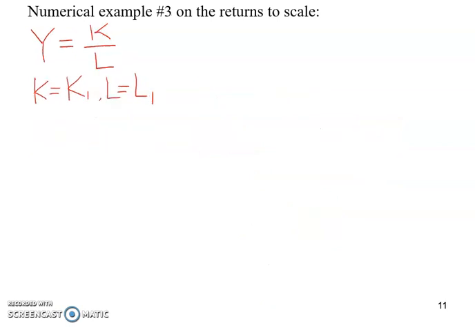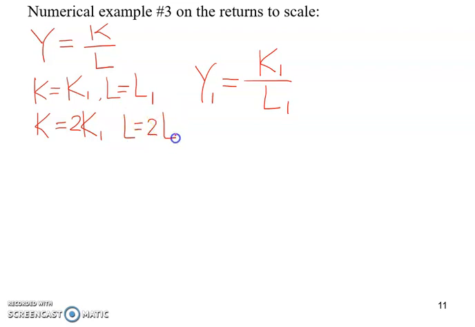Now the third example here, it's also non-linear. So the output equals K over L, or K divided by L. The initial level of output would be K1 over L1, and then we're going to double the amount of capital and labor. Let's see what's going to happen to our output y2.